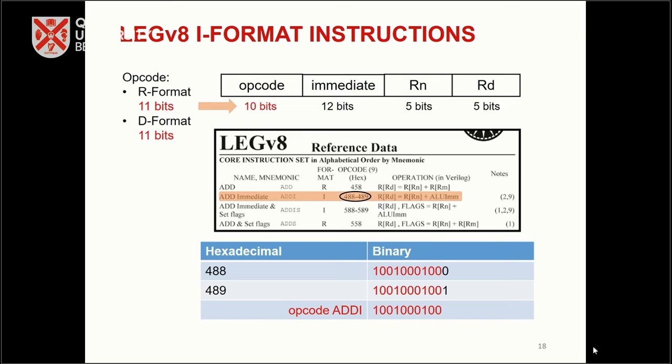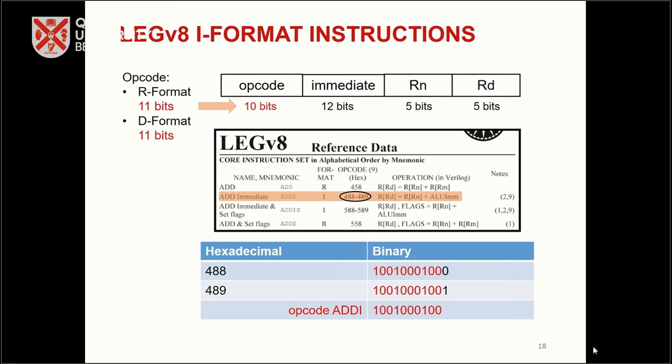So any other instruction with an operation code with 11 bits will not have those initial 10 bits. It's clear? Yes?